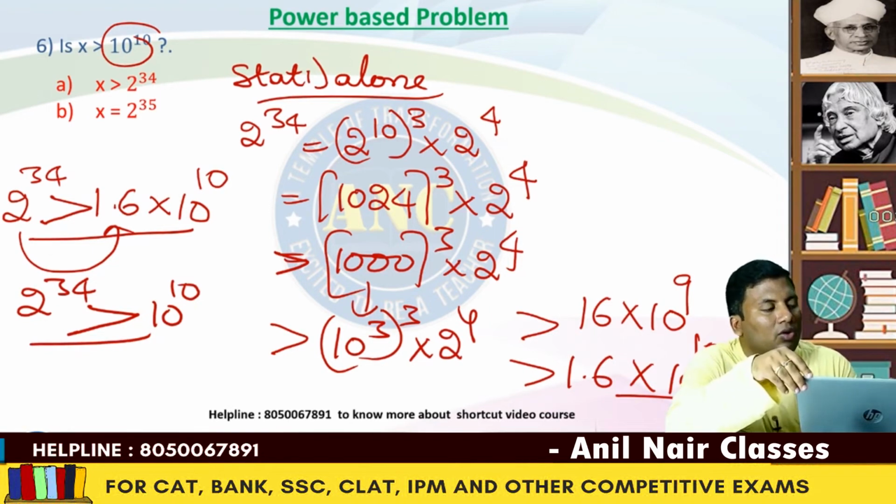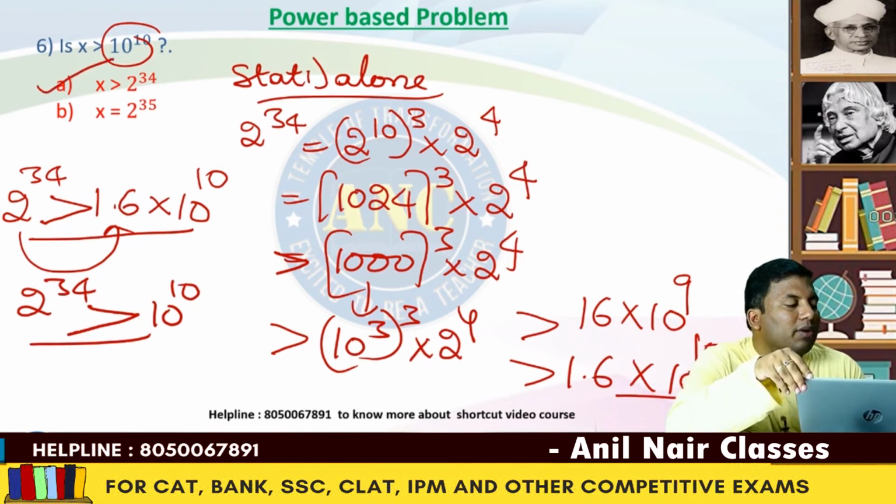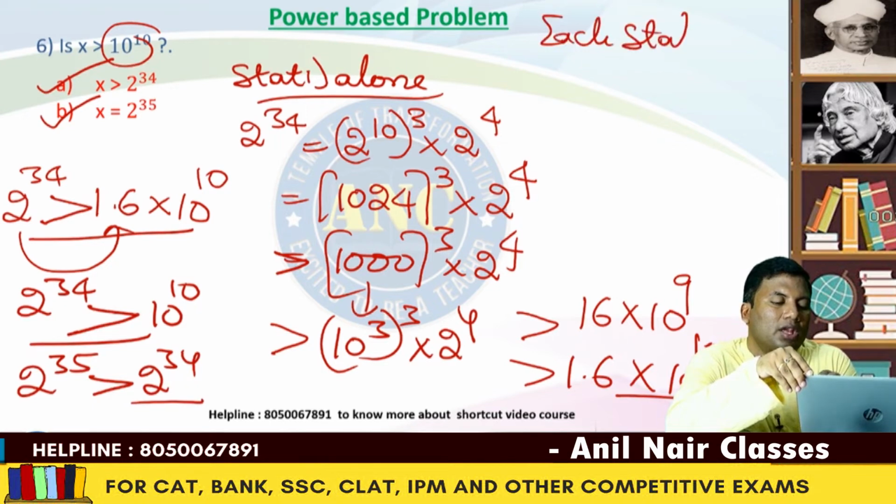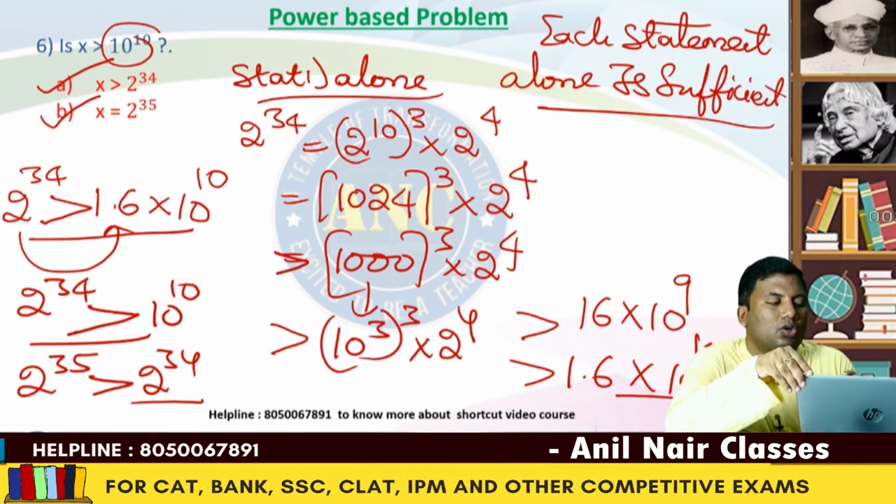Statement 1 alone will give you the answer. Statement 2: when 2 power 34 is greater than 10 power 10, 2 power 35 will also be greater than 2 power 34. Each statement alone is sufficient to solve this question.